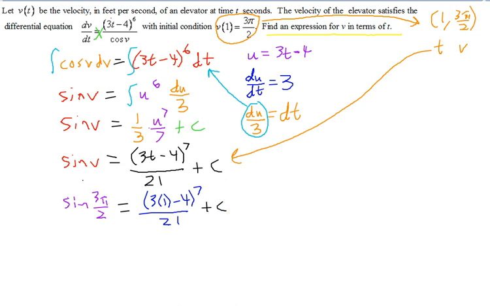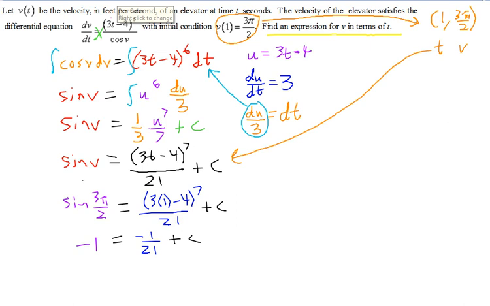So sine of 3 pi over 2, that's negative 1, equals, 3 minus 4 is negative 1 to the 7th. This is an odd power, so it's negative 1 over 21, plus c.